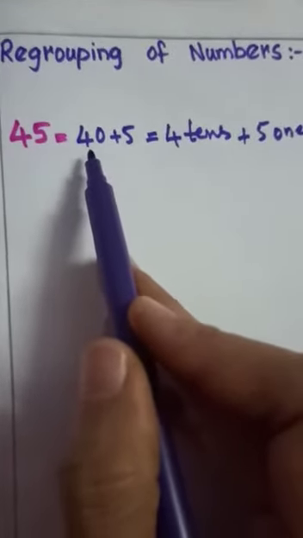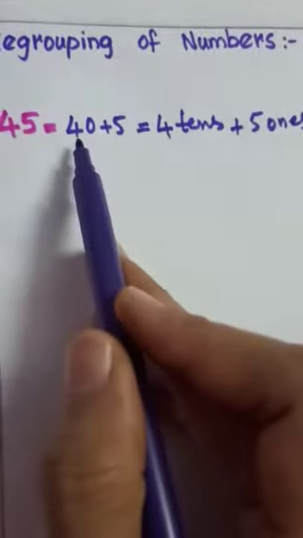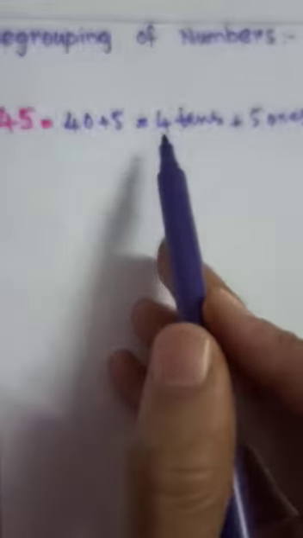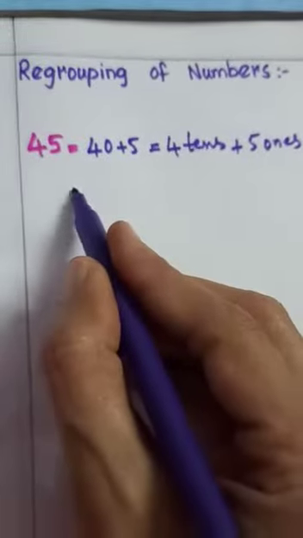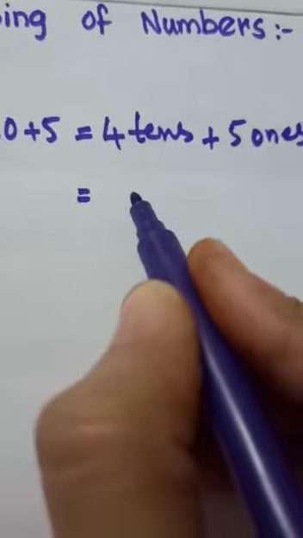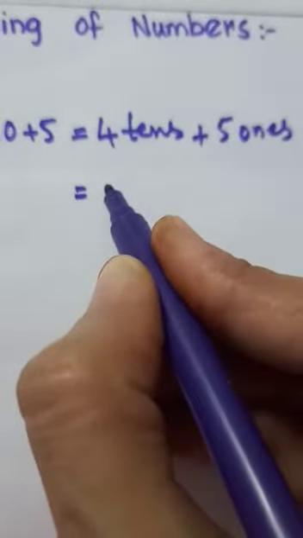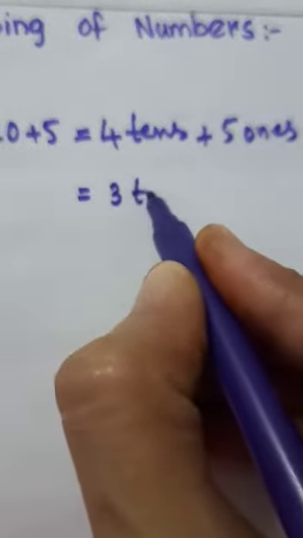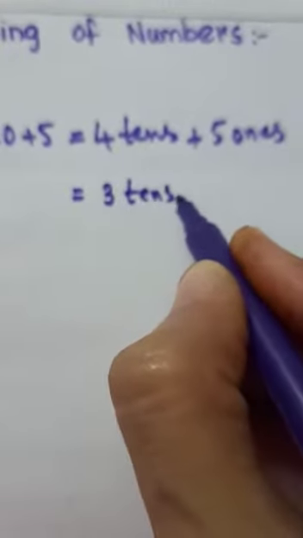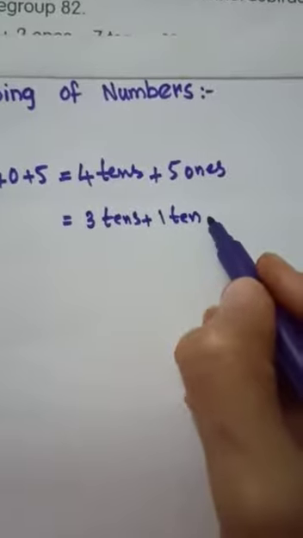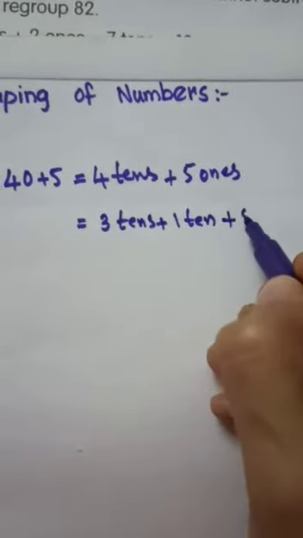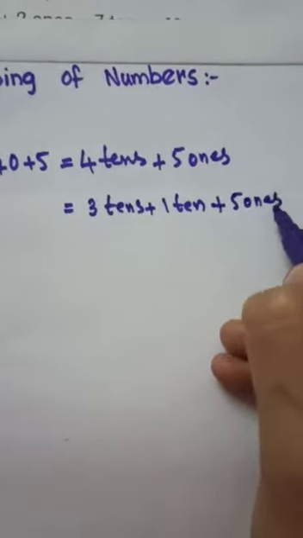Now this 40 is equal to 4 tenths and this 5 is 5 ones. Now this 4 tenths can be written as 3 tenths plus 1 ten plus 5 ones.